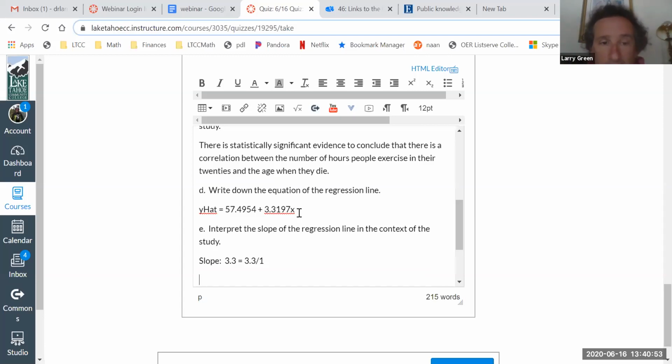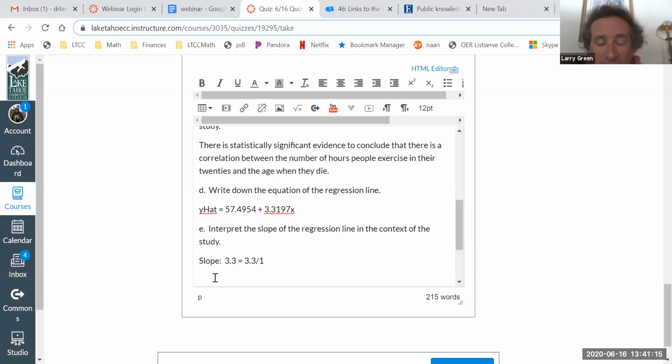The rise is the 3.3, and that is the dependent variable. The dependent variable is age of death. Whereas the run is 1, and that's the independent variable, and the independent variable is exercise hours in the 20s.